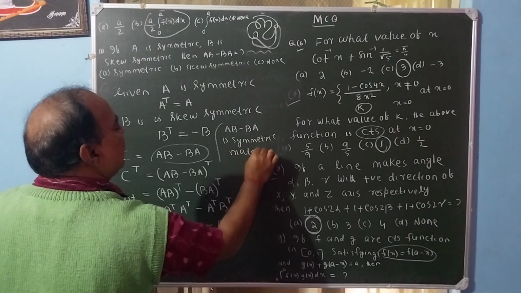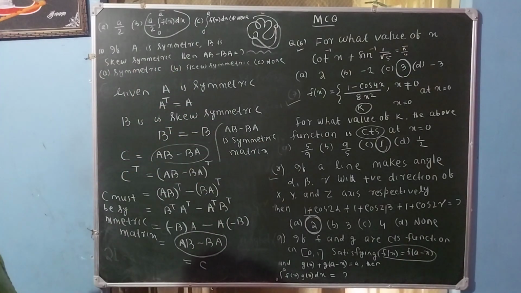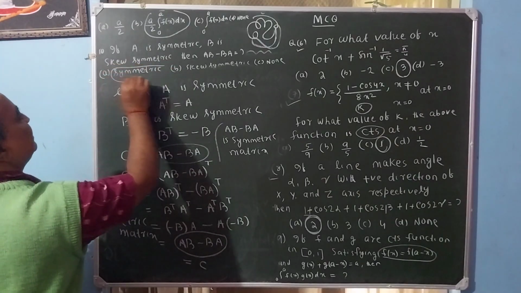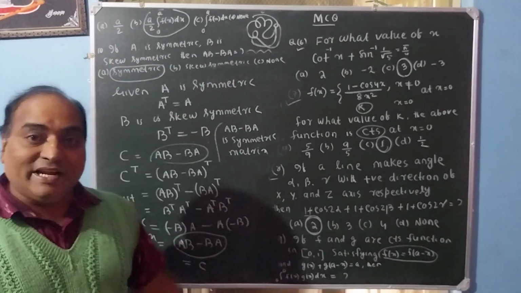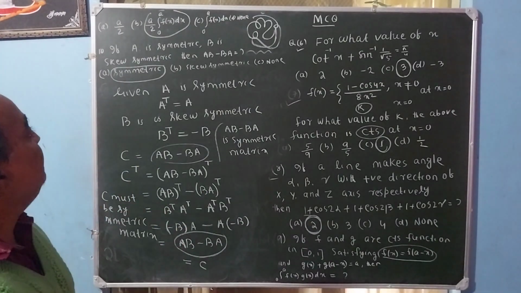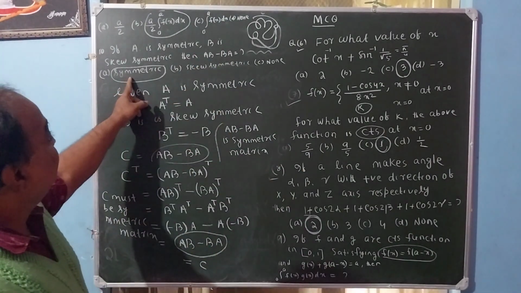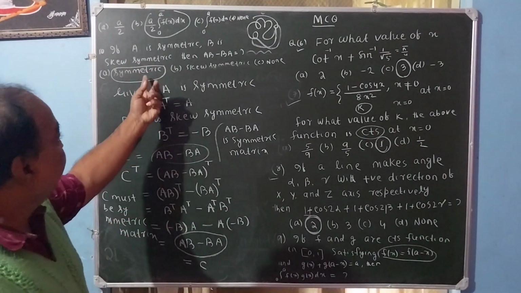So this is the correct answer. In the choices, symmetric, skew symmetric, none, the answer is symmetric. Understand? When A is a symmetric matrix and B is a skew symmetric matrix, then AB minus BA is always a symmetric matrix. This is the procedure, how you can get the answers.